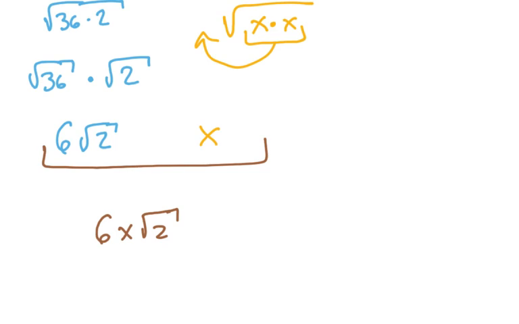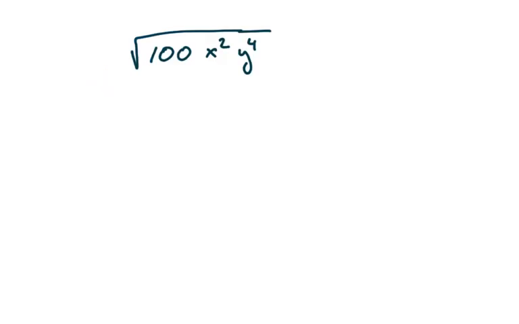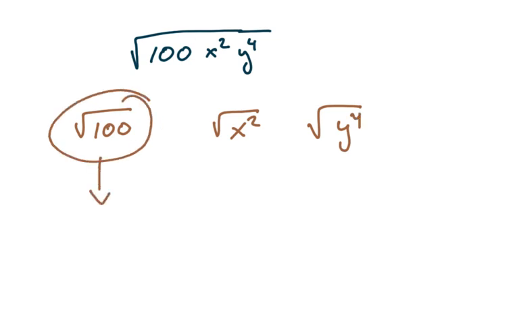Okay, and I wanted to do one more. You only have 5, I did 6, because I wanted to show you that sometimes this can happen. What I wanted to show you is this is a perfect square root, which is 10. Some of y'all, you're going to see these sometimes. Square root of x squared is just x, and y to the 4th is going to leave you with y squared.